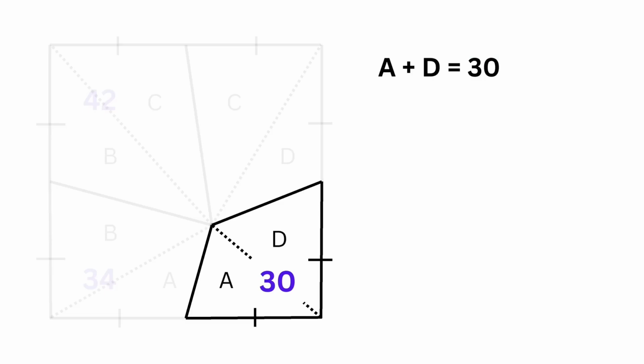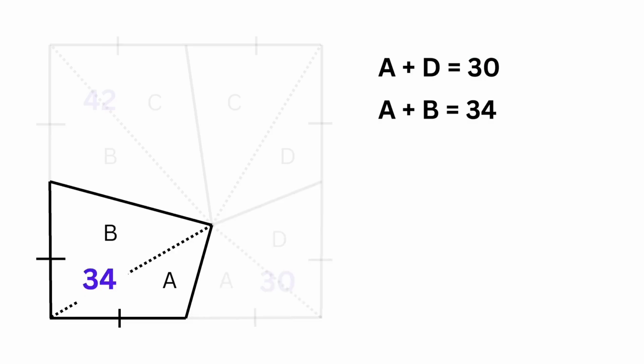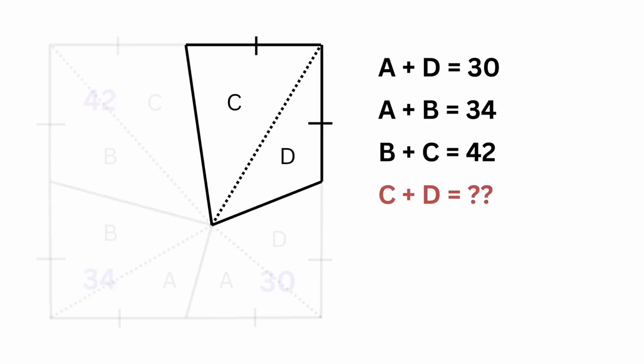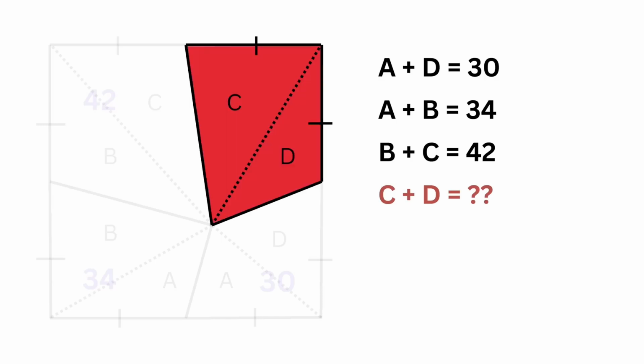I can say that A plus D is 30. Besides that, I know that A plus B is 34. I also know that B plus C is 42. And what about C plus D? Actually, I don't know that. I don't know C plus D. But if I am able to find out C plus D, then my job is done, right?